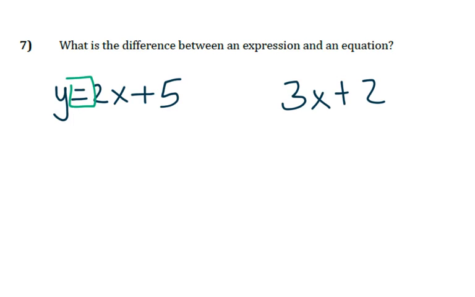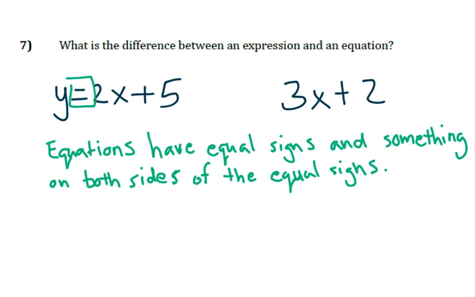This is the key indicator of whether we have an expression or an equation. So equations have equal signs and something on both sides of the equal sign. That's a key thing. We could put an equal sign next to 3x plus 2, but unless I have something else there, I'm just trying to evaluate it. It's not actually an equation. We're evaluating an expression.